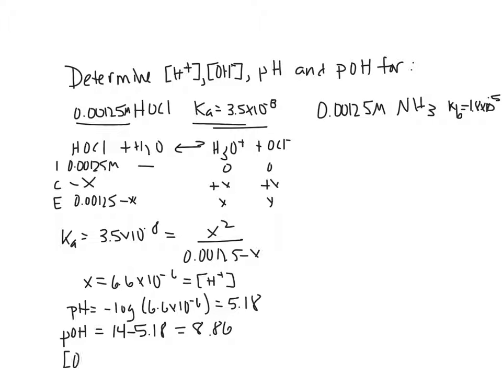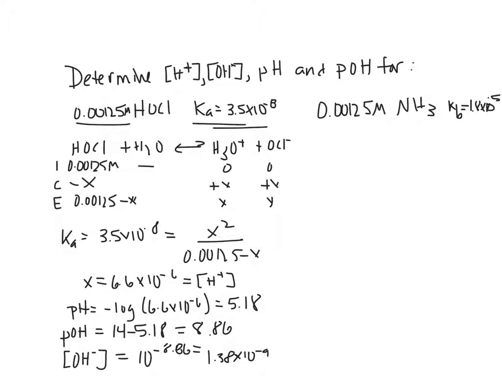The only one I don't know is the hydroxide concentration, which can be found from the pOH. In particular, 10 to the negative pOH, in our case negative 8.86, should be equal to our hydroxide concentration, which is, I get 1.38 times 10 to the negative 9.